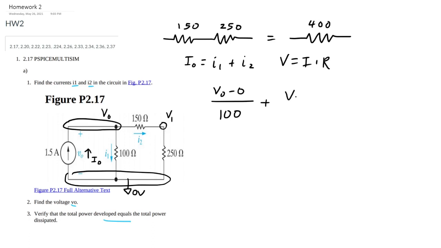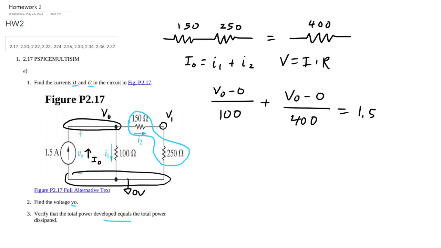So anyway, we'll have V output minus 0 with this R equivalent, let me put that in a different color, over 400 equals 1.5. I'll do a little bit of algebra.